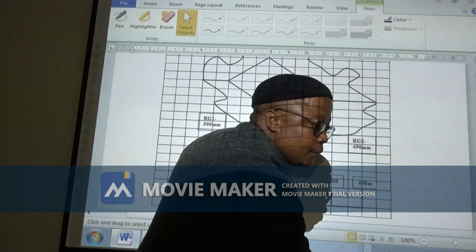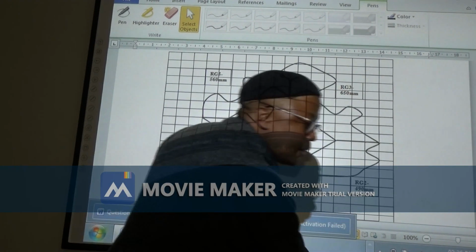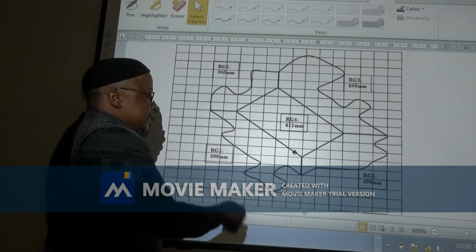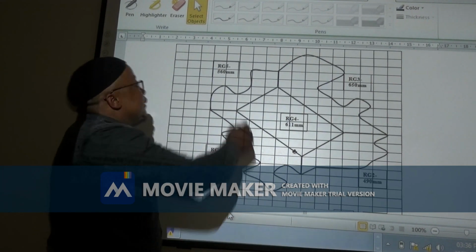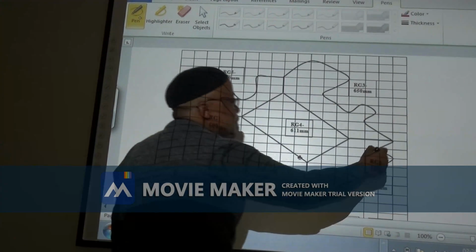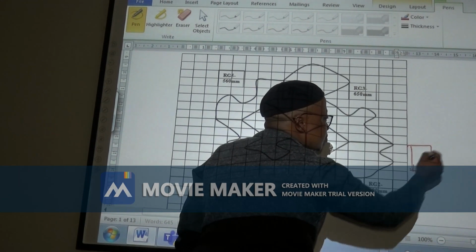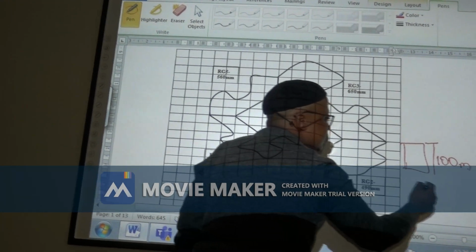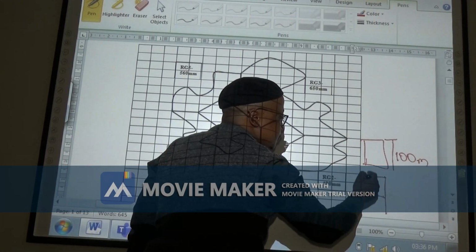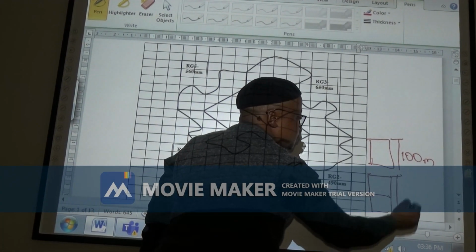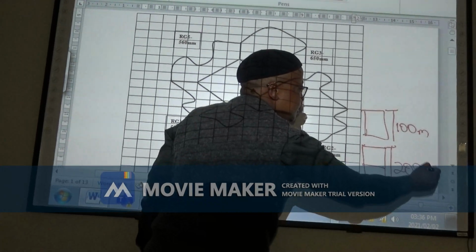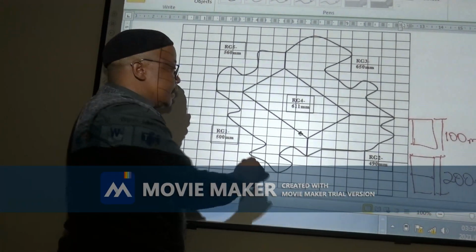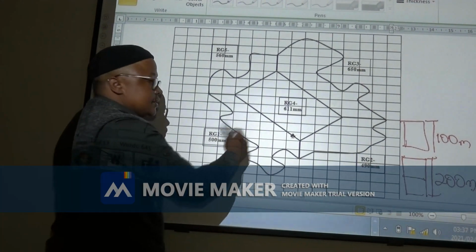For one, we need to understand that within a map there is a scale. The scale already exists here in the context of 100, and we said a block is about 100 meters. When the blocks are 2, they represent 200 meters. So within this area, what we do is calculate the blocks.